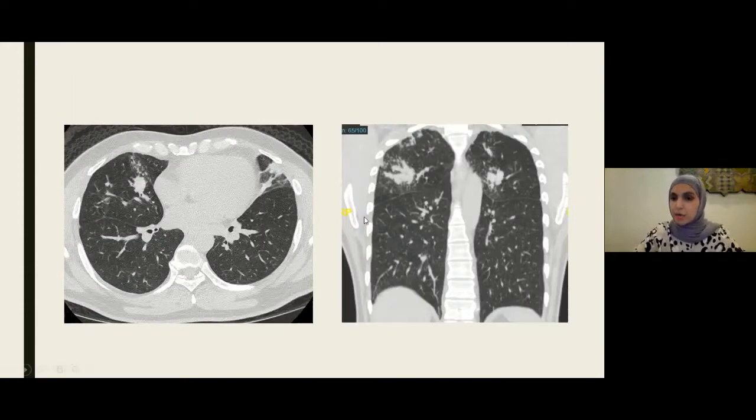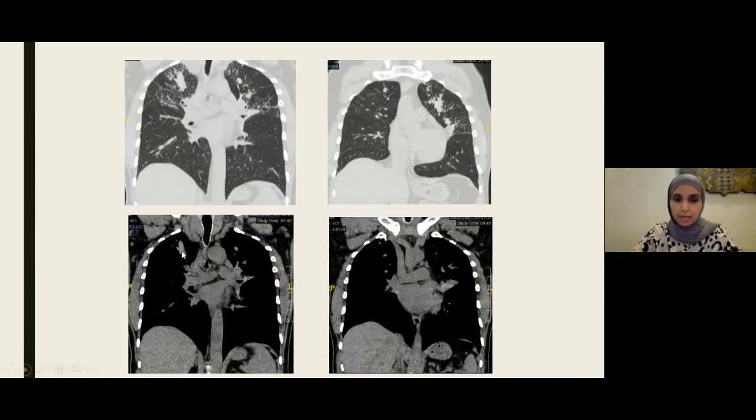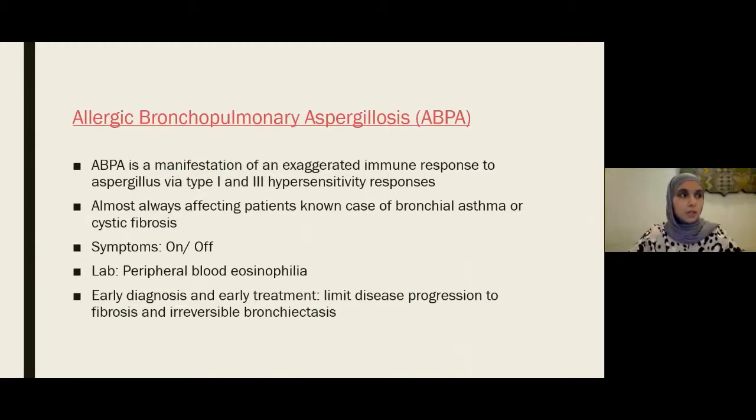In the right upper lobe, we can see branching opacities which we can call a finger in a glove. In the lung window, this opacity is a bit hyperdense compared to a usual mucus plug within the dilated airway. And this leads us to a diagnosis of allergic bronchopulmonary aspergillosis.